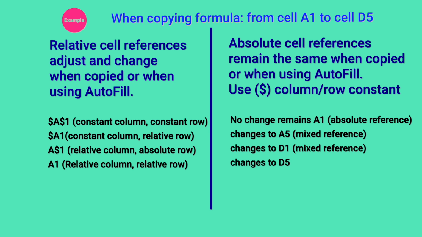If you do not want cell references to change when you copy a formula, then you need to make these cell references absolute. To achieve that, place a $ sign before the column letter or row number, depending on which part of the cell reference you want to change or remain constant.